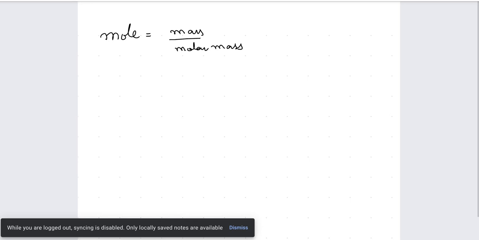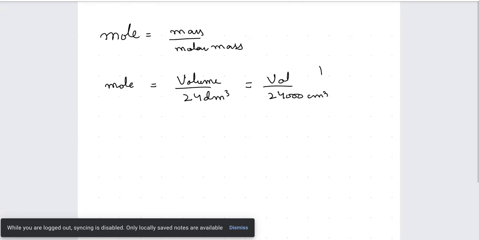The second formula is mole is equal to volume divided by 24 decimeter cube. And you can write this formula in centimeter cube, like 24,000 centimeter cube, because 1 decimeter cube is equal to 1000 centimeter cube.